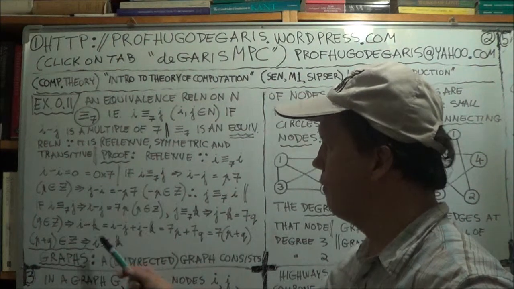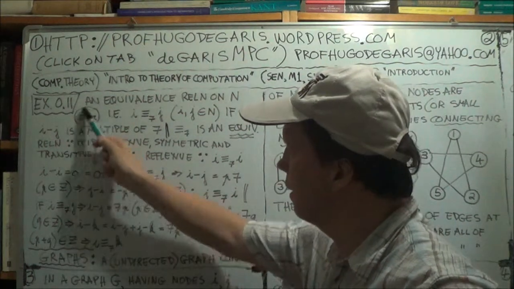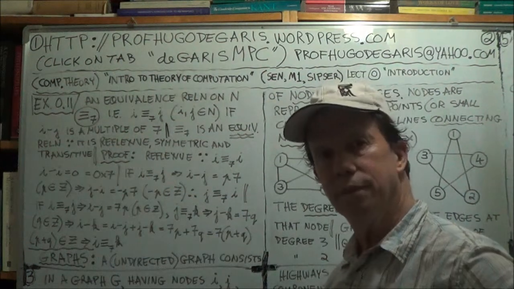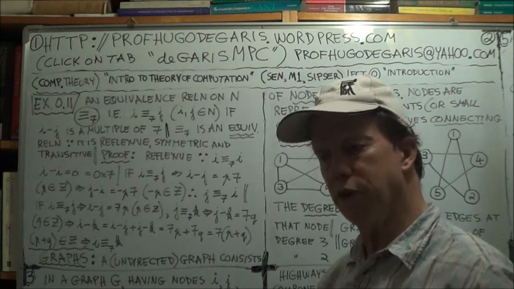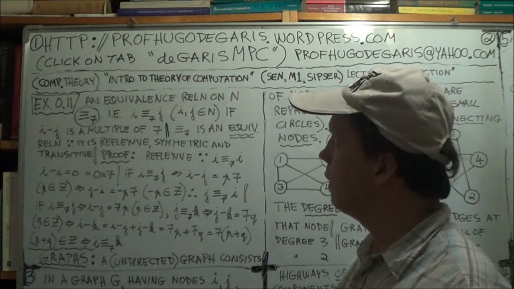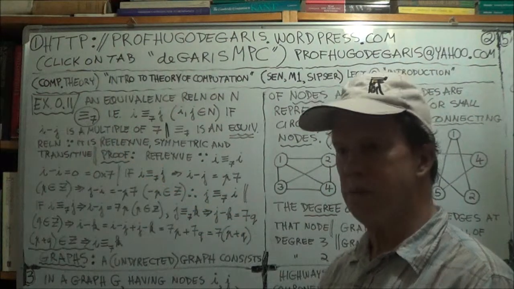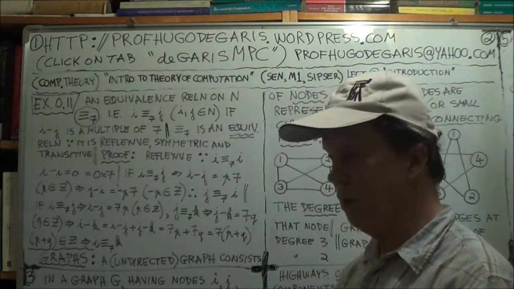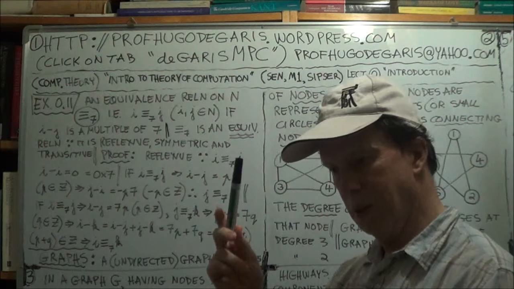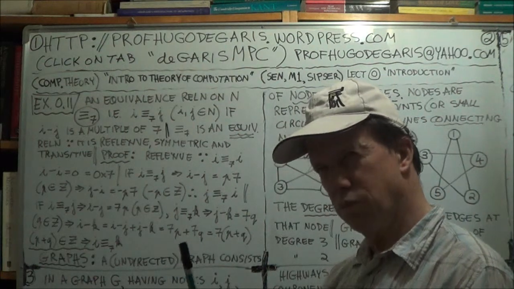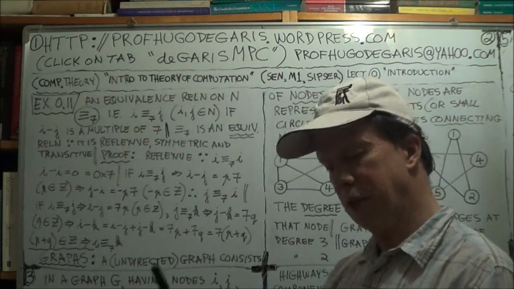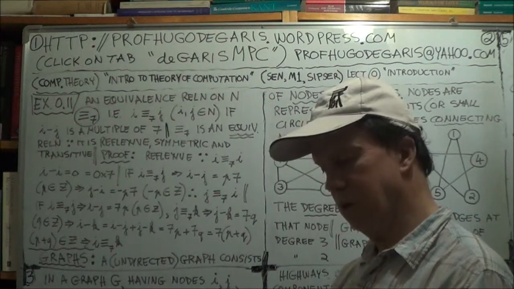Therefore, iRk. So we've proved the third property. We've shown that this is transitive. Now we showed earlier that it's reflexive, symmetric, and now we've just shown it's transitive.